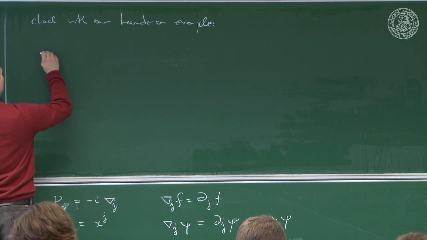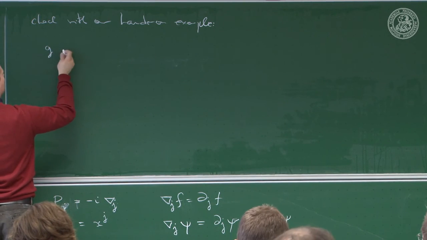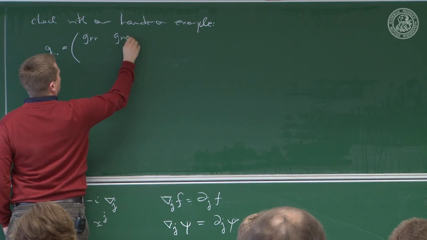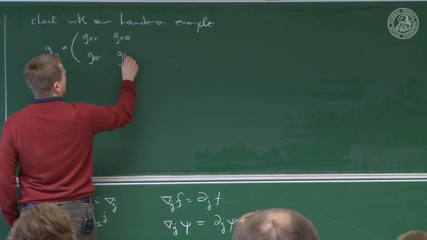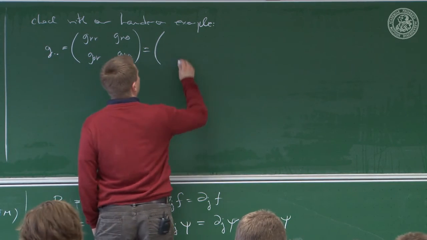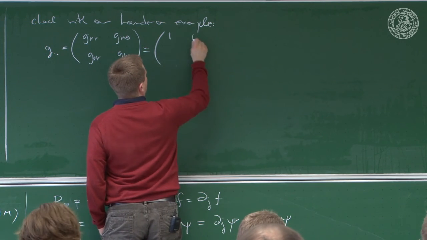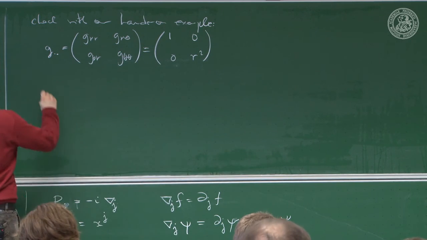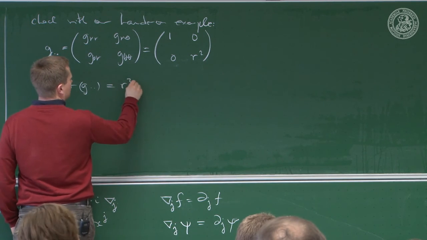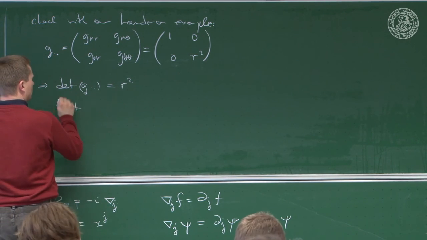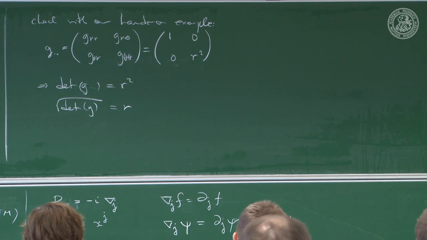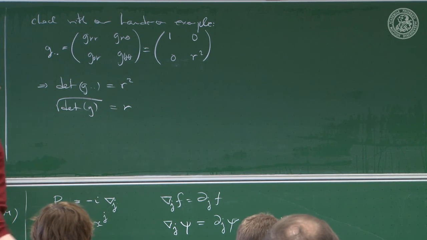So what did we have there? We had there in polar coordinates g_rr, g_r theta, g_theta r, and g_theta theta components, which for flat space, if you just come from Cartesian coordinates, is just 1 and r squared. Therefore, the determinant of g in polar coordinates is r squared. That means the square root of the determinant is r, because everything is positive. We can forget about any absolute value signs.